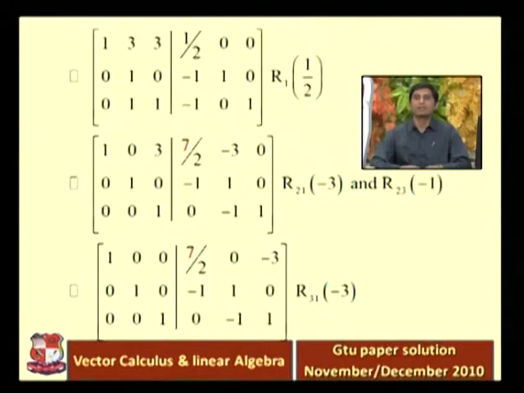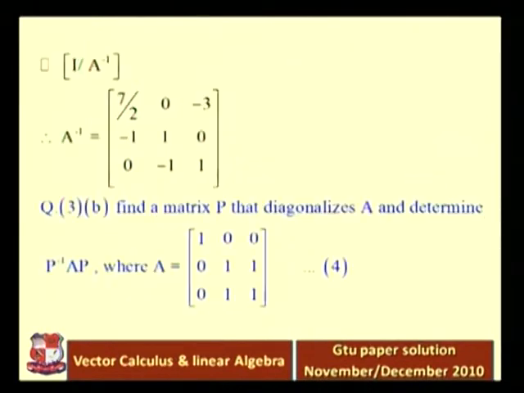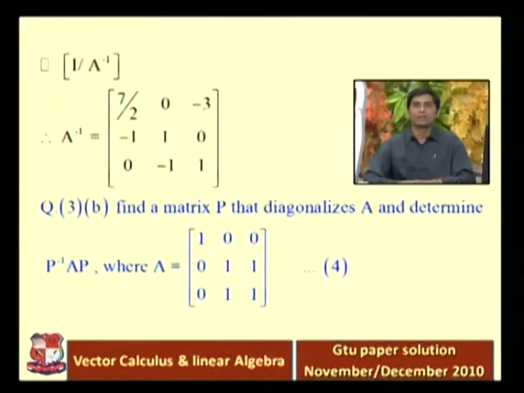That matrix is the inverse of the given matrix A. So A inverse is equal to 7/2 0 -3, -1 1 0, 0 -1 1.